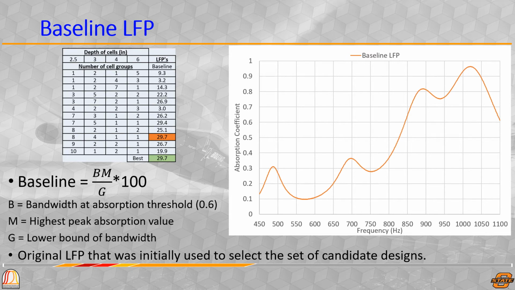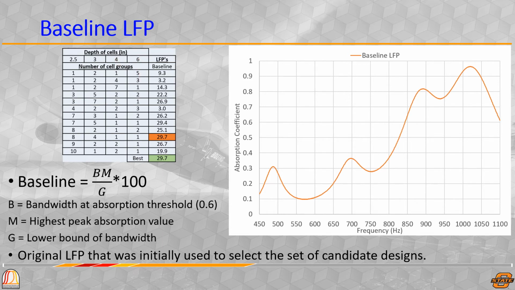The baseline LFP was initially used to select a set of candidate designs optimizing for a large bandwidth and a high absorption value. This LFP was compared against 12 different prospective liners, where the lengths of the cells are 2.5 inches, 3 inches, 4 inches, and 6 inches. Each liner has a different number of cell groups. For example, the first liner has one cell group that is 2.5 inches long, two cell groups that are 3 inches long, one cell group that is 4 inches long, and 5 cell groups that are 6 inches long.